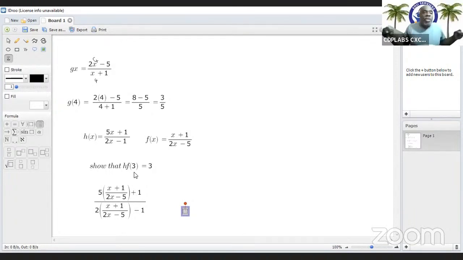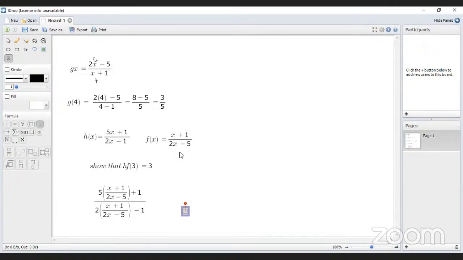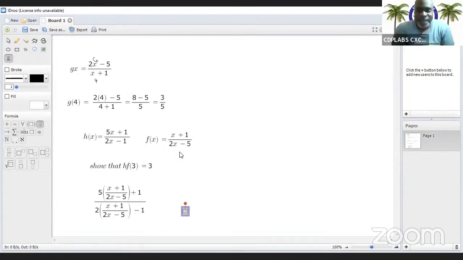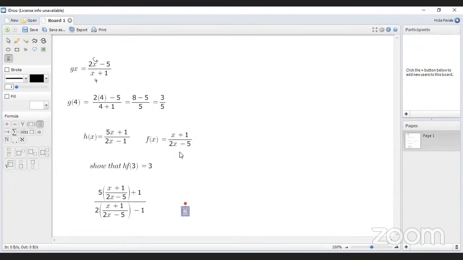So composite function really means you're putting a function into another function. But how do you do that? You replace the x with the function. Was that slow enough? Yes, sir.